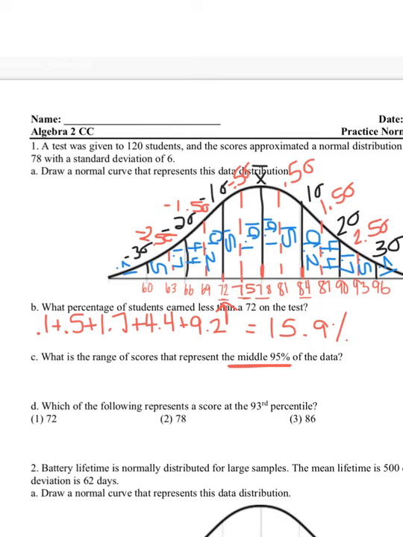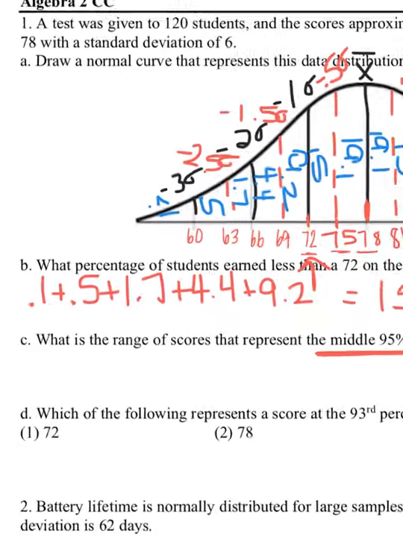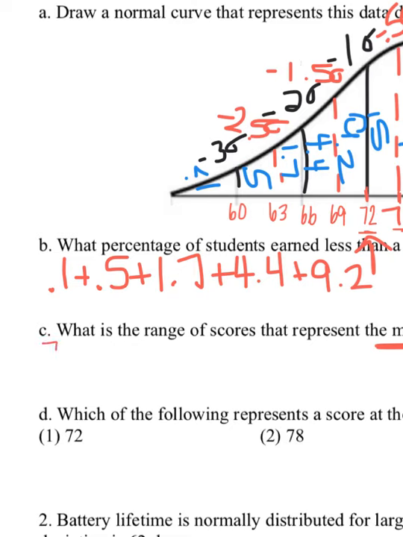95%, that's the empirical rule. If you remember from on Monday, I told you 68% is 1 standard deviation, 95% is 2, and 99.7 is 3 standard deviations. So you can either look at where -2 standard deviations are and +2 standard deviations are from your graph, or you can take the mean of 78 and subtract 2 standard deviations.